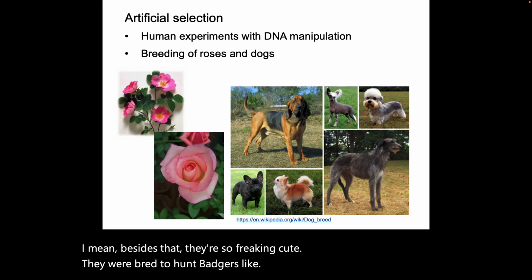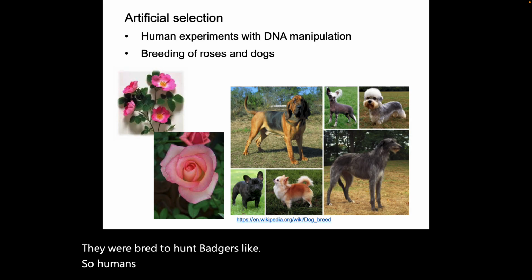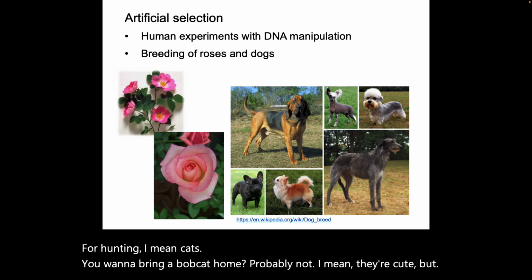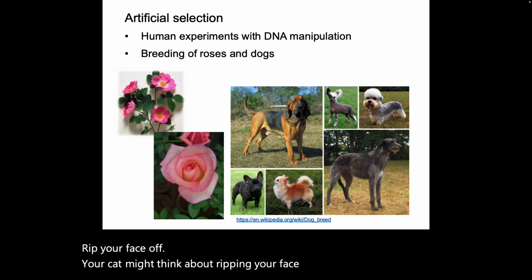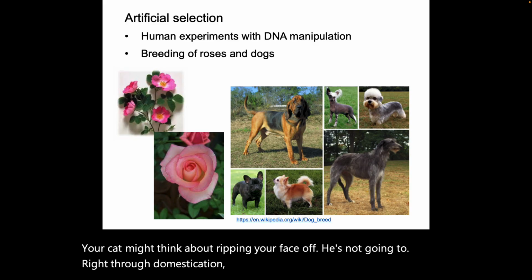So humans have been genetically modifying organisms for food, for hunting. Cats. You want to bring a bobcat home? Probably not. I mean, they're cute, but they'd rip your face off. Your cat might think about ripping your face off, but he's not going to. Right? Through domestication, through selective breeding.